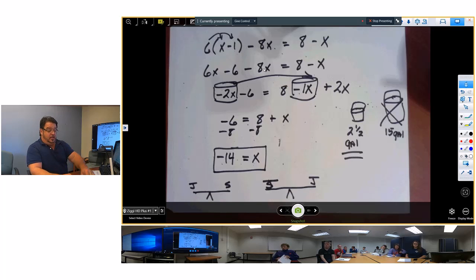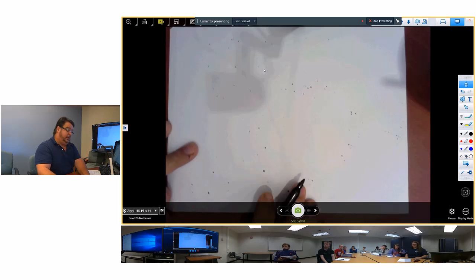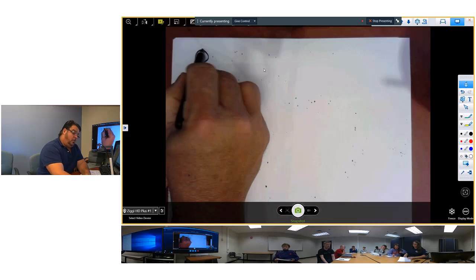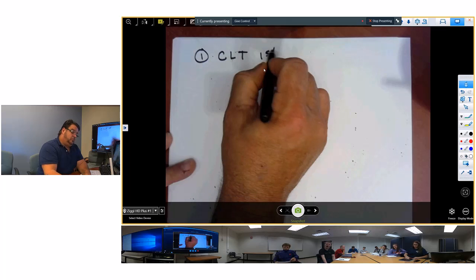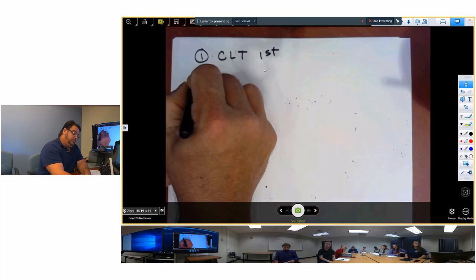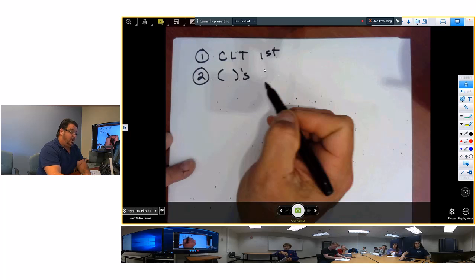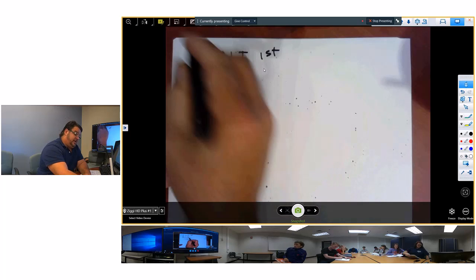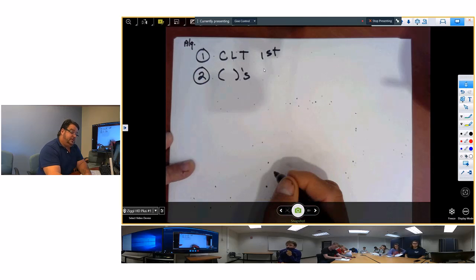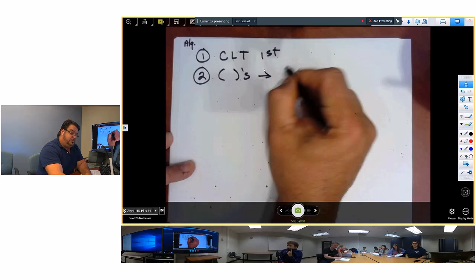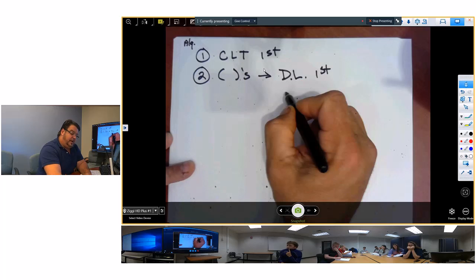So, to go over a rundown of algebra. 1. Always combine like terms first. 2. If you see parentheses in algebra, this is not numerical. This is algebra. Okay? If you see parentheses, you have to do the distributive law first and then combine what?